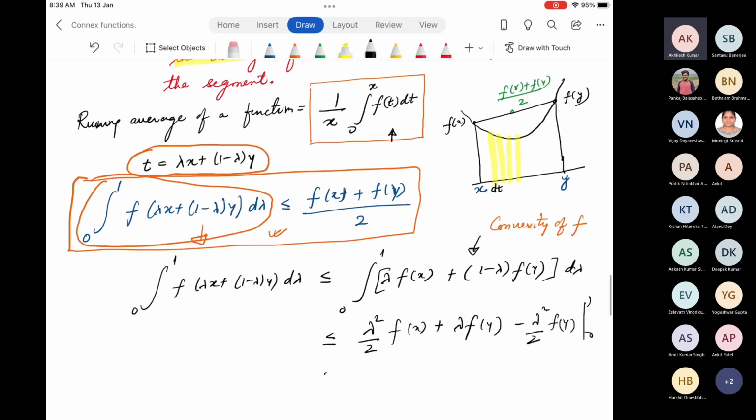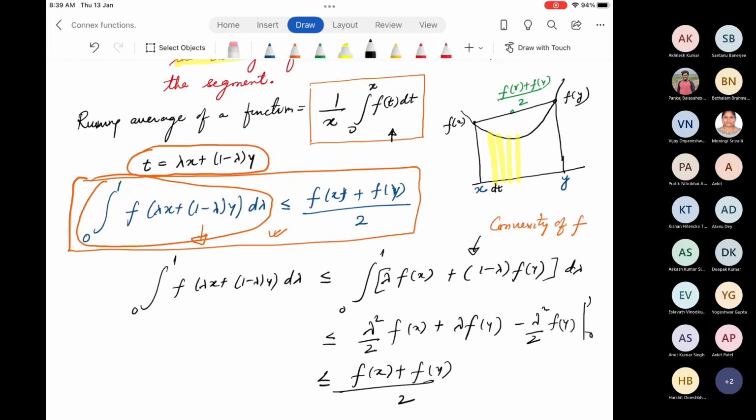You will get less than or equal to f of x plus f of y by 2. Is this clear, guys? Is this example clear?